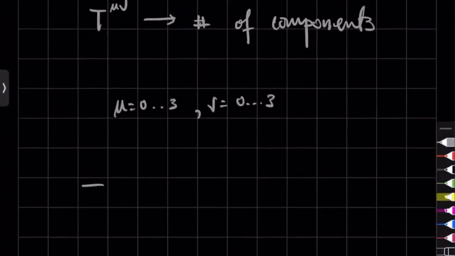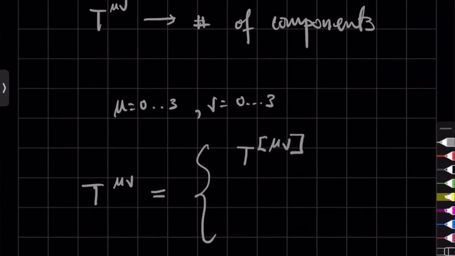Okay, so what we can do is organize this mu nu into different groups. One would be the anti-symmetrization of the indices. Can somebody tell me what would be the number of elements here?